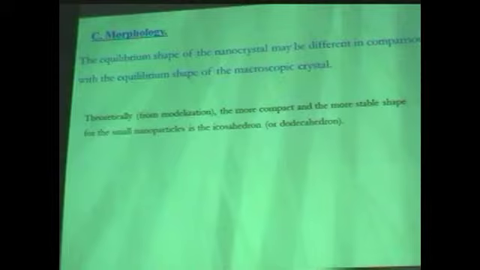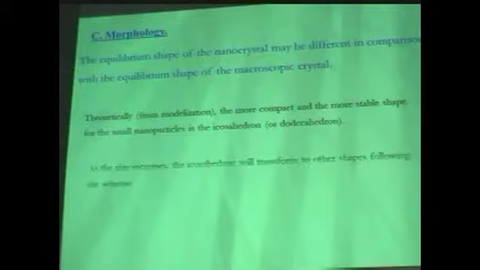In my previous lecture, we discussed that theoretically, from modelization, the most compact and the most stable shape for small nanoparticles, around 15 atoms, is the icosahedron, and as a consequence, the dodecahedron, because the dodecahedron is a conjugated polyhedron of the icosahedron. As the size increases, the icosahedron will transform to other shapes following this scheme.